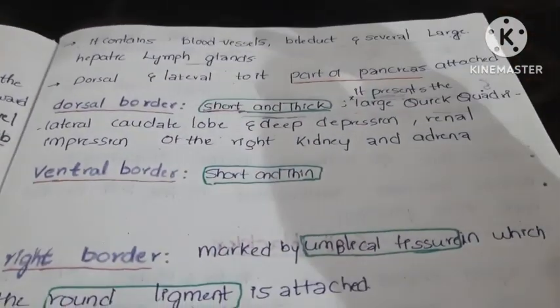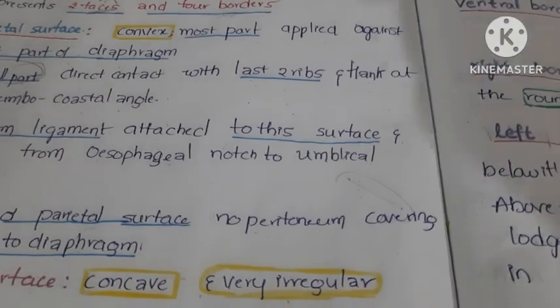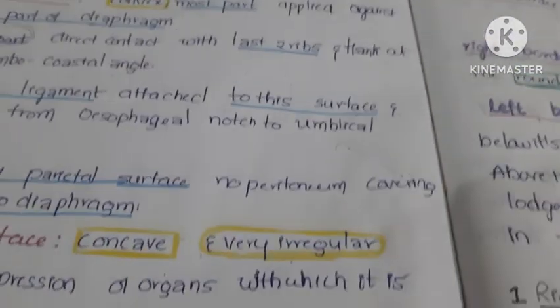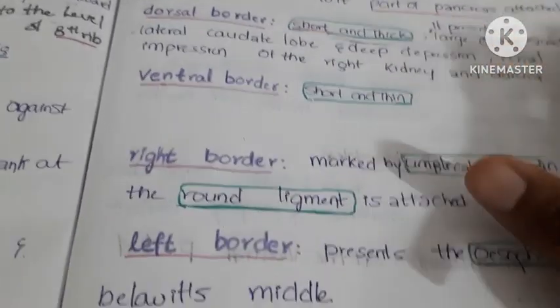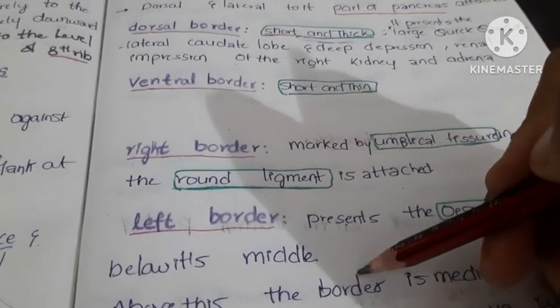So it has two surfaces, parietal and visceral: the parietal surface is convex, and the visceral surface is concave and very irregular. And we discuss the four borders: dorsal border, ventral border, right border, left border.